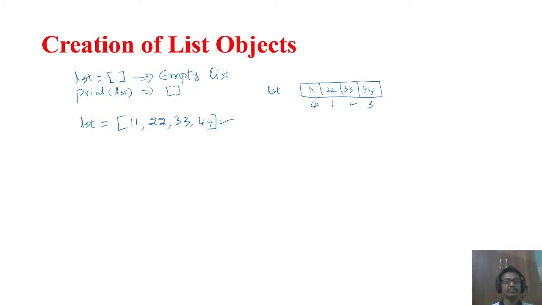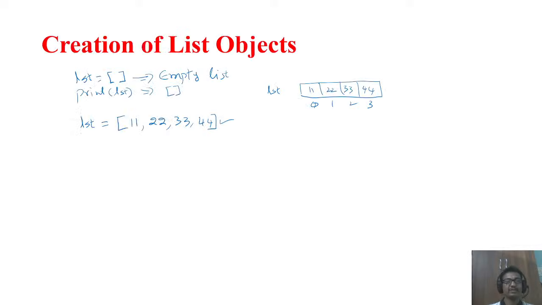Similarly, for example, you want to create the list. You have some range of numbers with you, generated by using the range function. Then you want to store them in the form of a list. How can you do that?